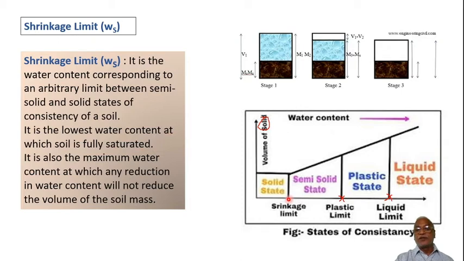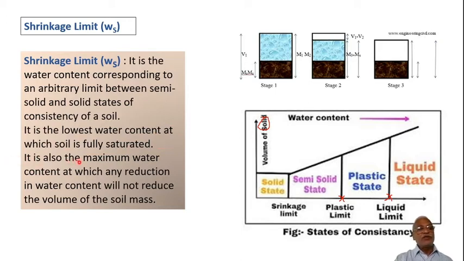See, this is the water content at which it is fully saturated, right? If you add more water, obviously it is saturated. If you decrease the water content, voids will be created, and because of that it will not be fully saturated. So this is the minimum water content at which the soil is fully saturated. That is a good definition, but you should understand the meaning of it.